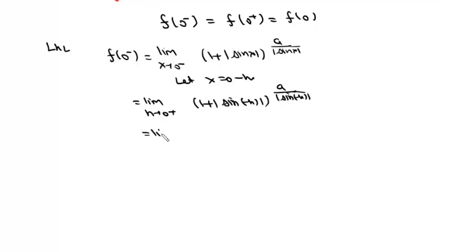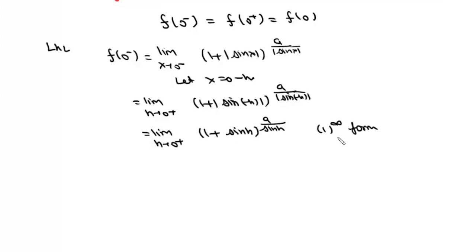So it will be this limit h tends to 0 positive (1 plus sin h) to the power a upon sin h. Now first thing, we'll check its form. Sin 0 is 0, so this is 1 and a upon 0 is infinite. So it is 1 to the power infinite form.